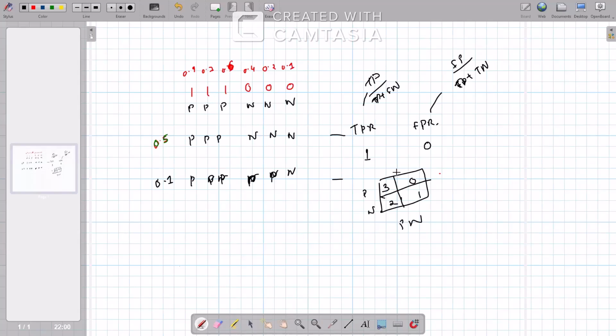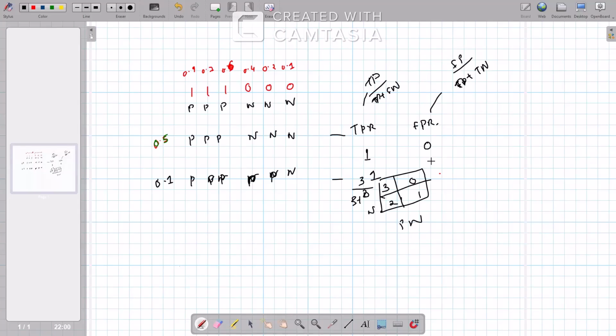So what is the TP rate? TP by TP plus FN is 3 by 3 plus 0, which is 1.